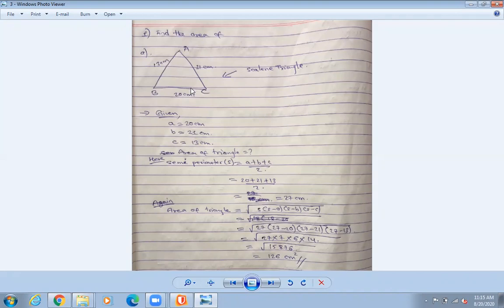Should I ask the question myself and give the answer myself, or will you turn on your mic and tell me the answer? What is it? Answer is written at the side. You can pronounce this one. Please just speak. Which triangle is it?